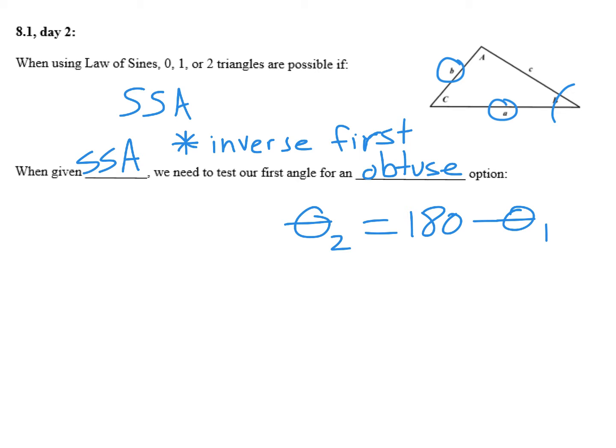Okay, so we have to check. It's possible there's just the one case. There's this scenario that shows up where we have to see that, okay, this missing angle, it could be a scenario where it's acute, and then there could be a scenario where it's obtuse. We'd have to check both possibilities.